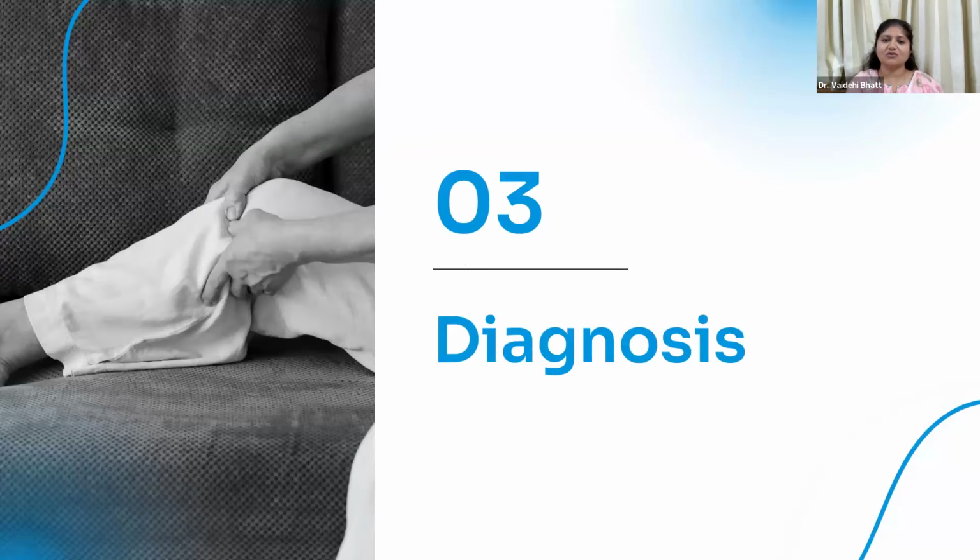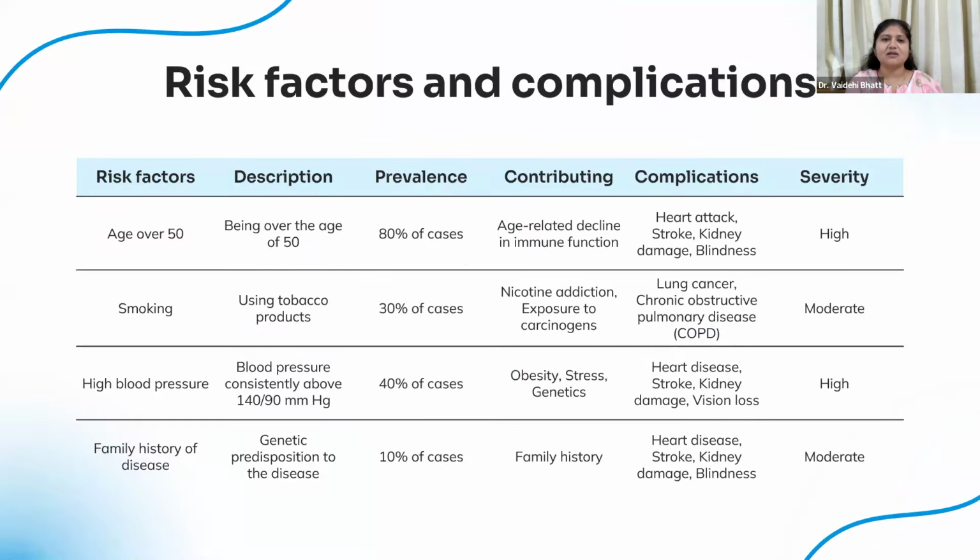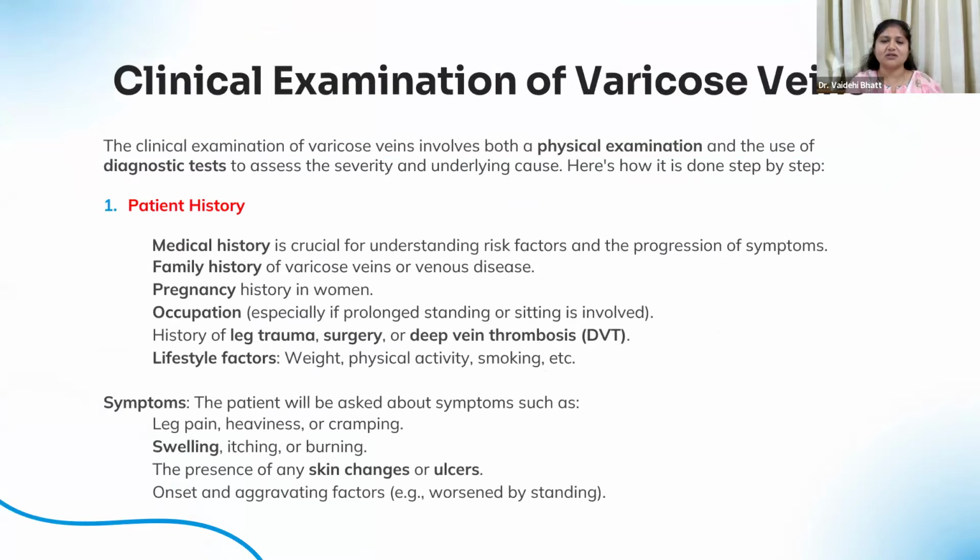Now, how will we diagnose it? There are various tests or examinations that can help us to diagnose varicose veins. First of all, we go through the history of the patient, and if we are going to differentiate between the primary and secondary one, we have to go through the patient history.